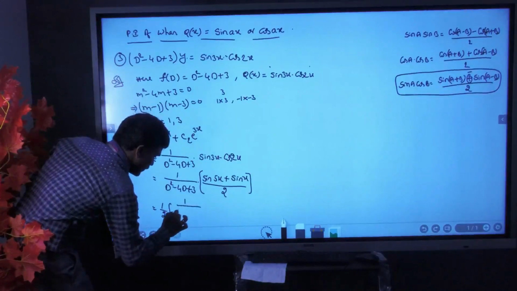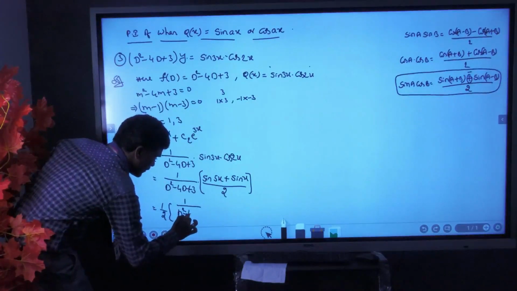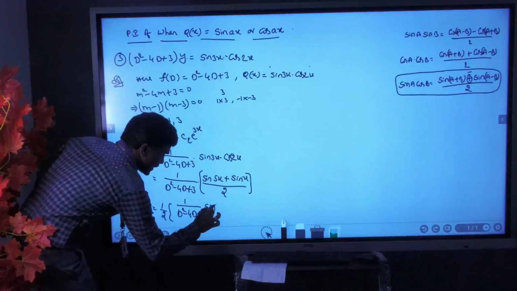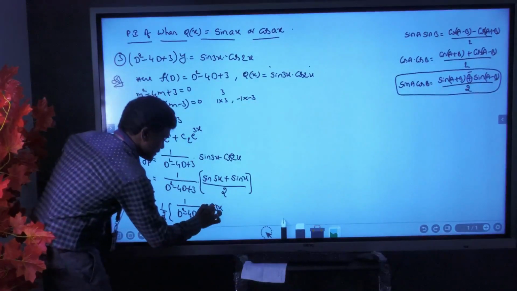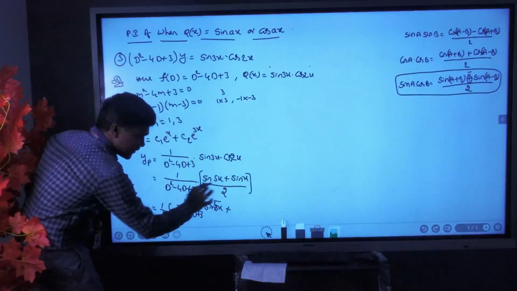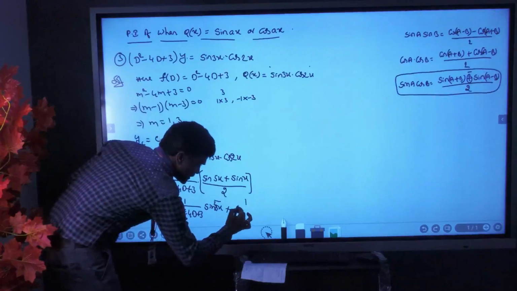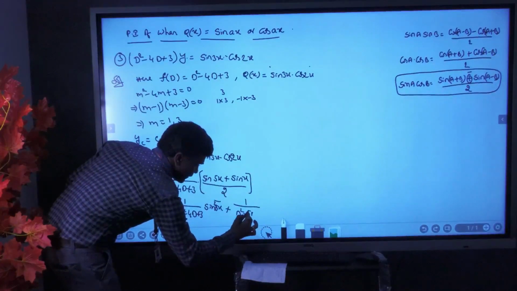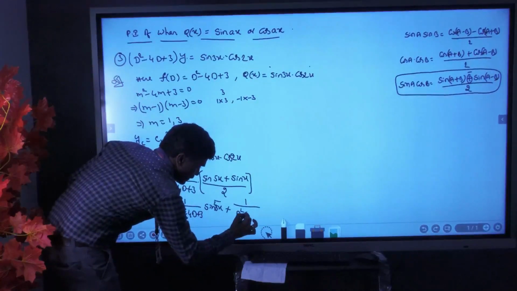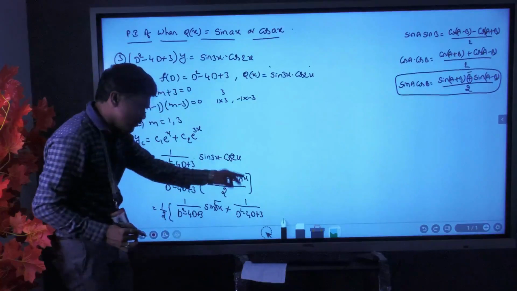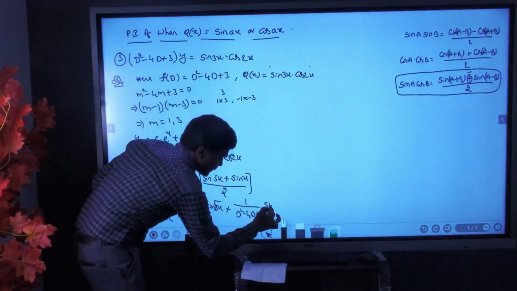Now multiply 1 by f of d, 1 by d square minus 4d plus 3 into sin 5x, plus 1 by d square minus 4d plus 3 into sin x.